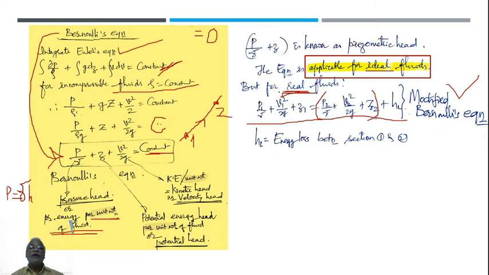for real fluids. Otherwise, a plain form of Bernoulli's equation, which is p by gamma plus z plus v squared by 2g equal to constant, is applicable only for ideal fluids. If you want to make it applicable for real fluids, you have to introduce HL into the picture. So HL is nothing but energy loss between section 1 and 2.